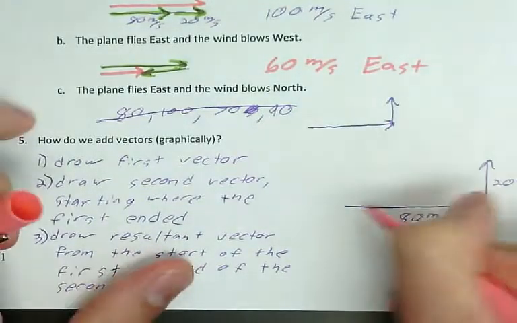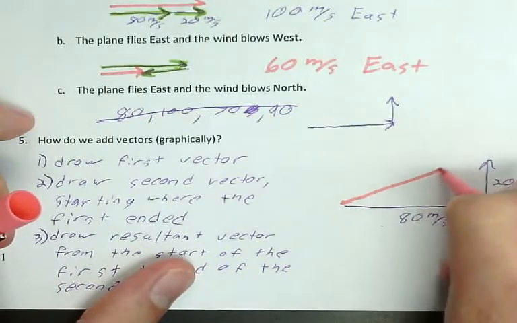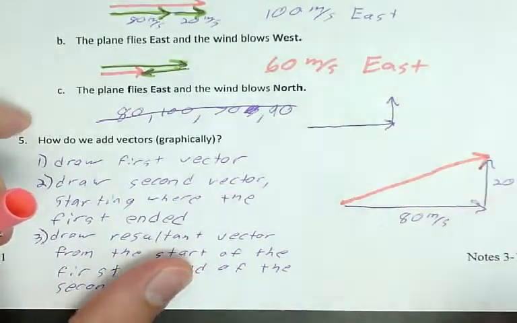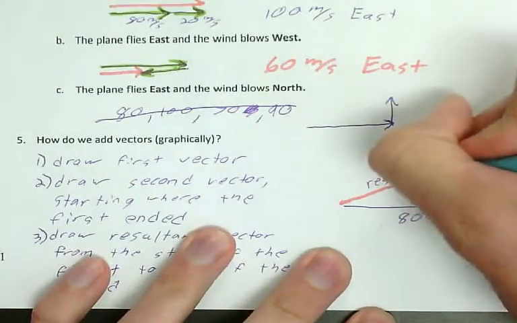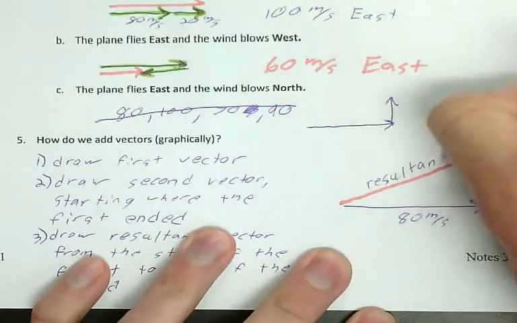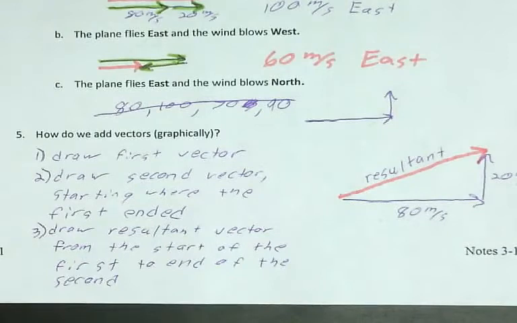So it looks something like this. And that's the resultant vector. Okay? So we are going to be drawing a lot of vectors, so I do want to make sure you can draw them.